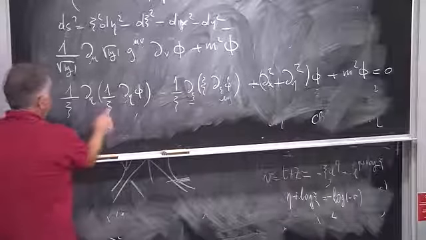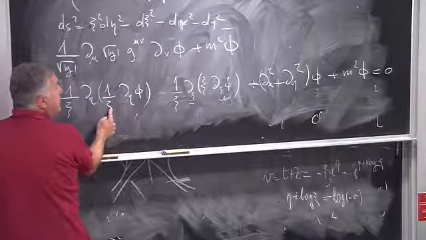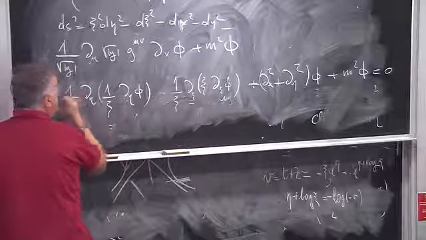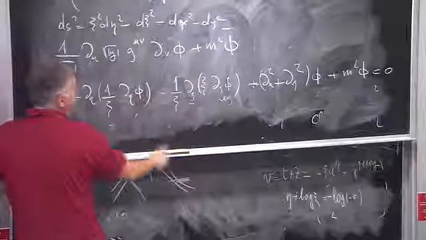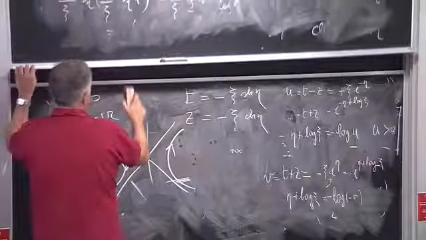So xi does not depend on eta. You can take it out and multiply everything by xi squared.